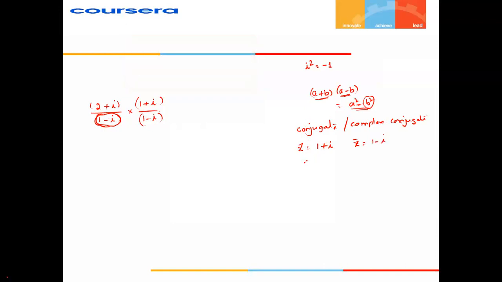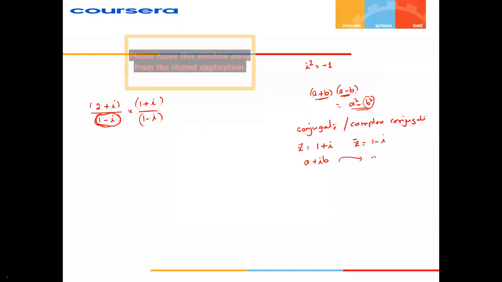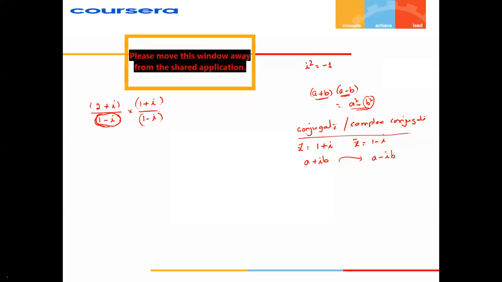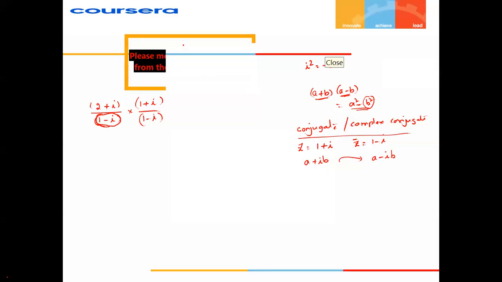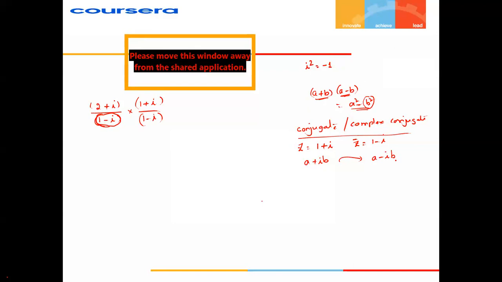That means a plus ib is the complex number, its conjugate is a minus ib. Very simple, right? This is one of the important terms for us, that helps us to do the division of complex numbers. Generally, just remember this representation indicates conjugate.